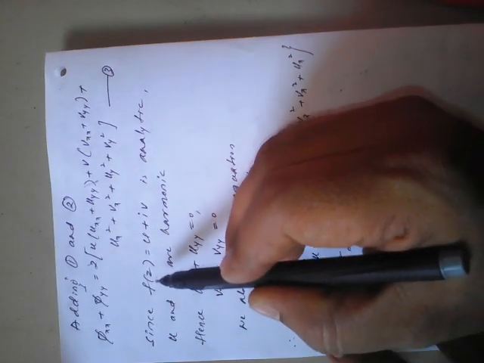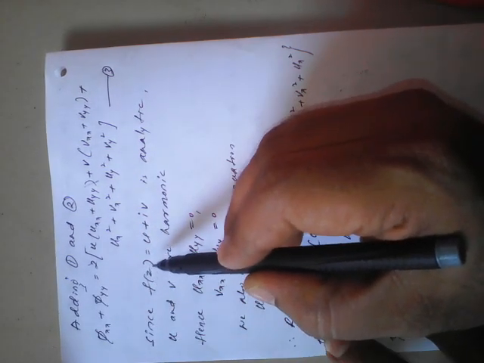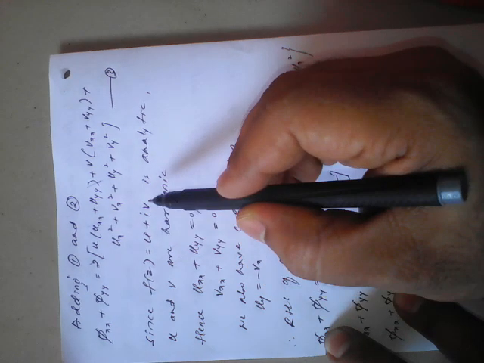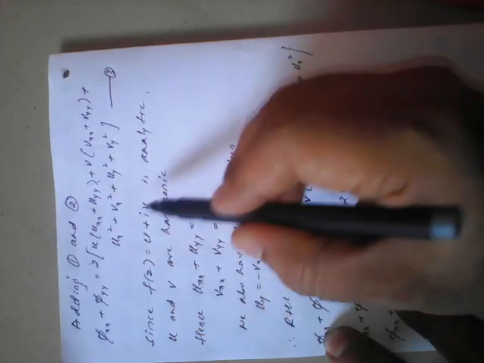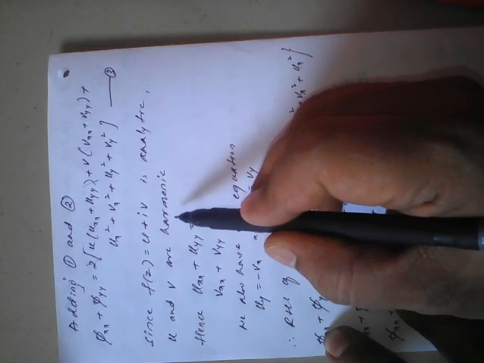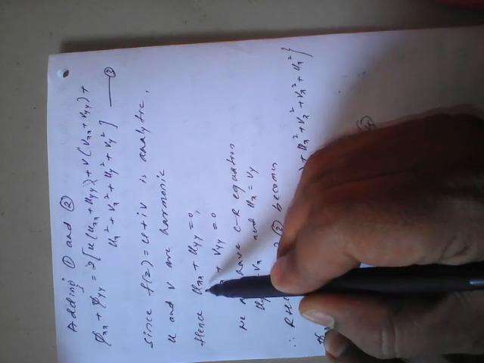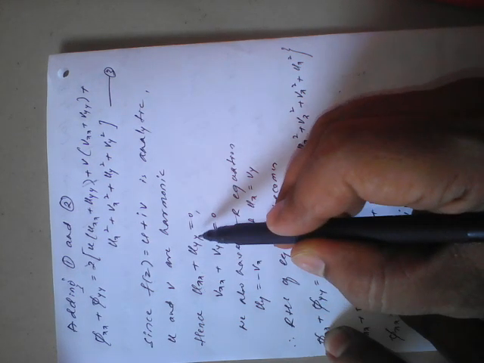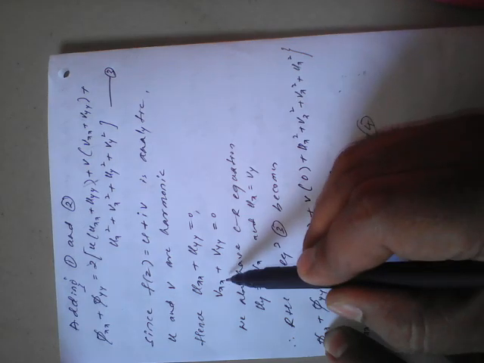Then since we know that f of z is nothing but u plus i v, which we also call w, you remember, is analytic, u and v are harmonic, fine. Hence if they are harmonic, we know the conditions that u x x plus u y y is 0 and v x x plus v y y is equal to 0. This process we have seen in the derivation of harmonic functions for Cartesian form.